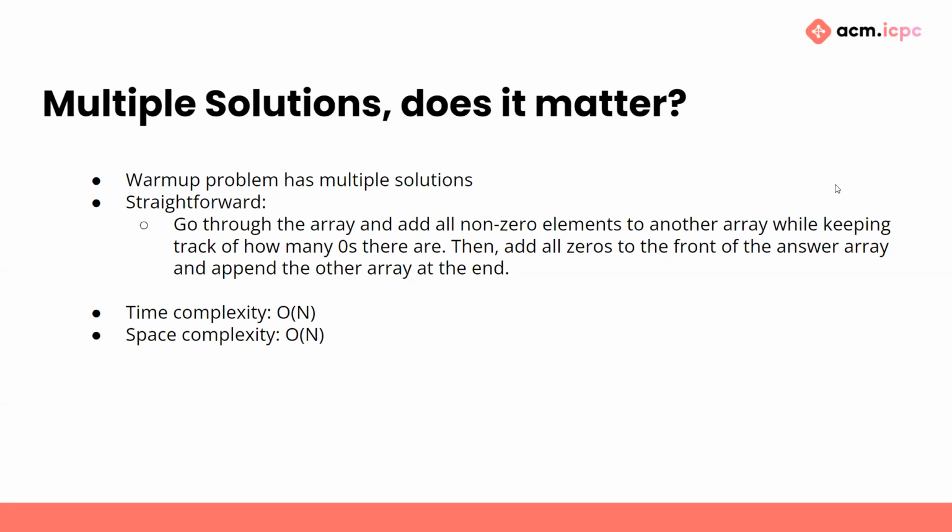Were we looking for just the most direct solution, or are you taking any? Usually, so I'll get to that in 1 second, but usually any solution is fine. And oftentimes the interviewer has, I'll call it, a goal complexity that they want you to get to.